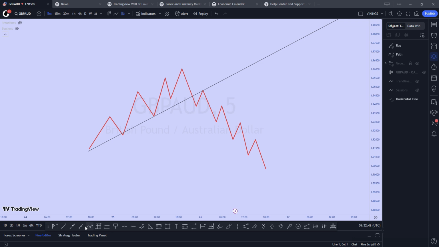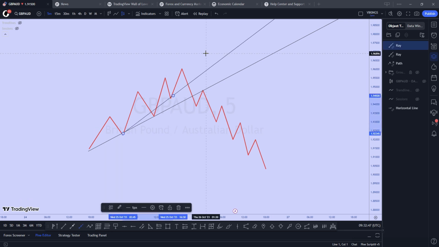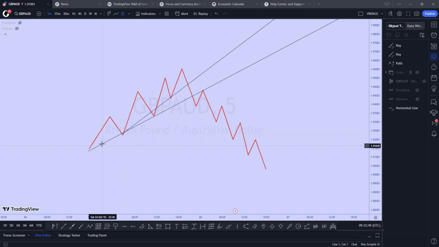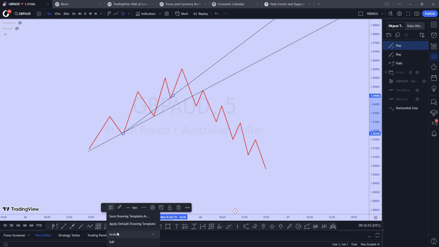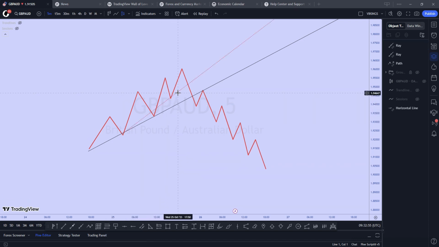Then you should have sub trend lines, like a trend line inside a trend line. This is the main one, and this is a sub one. The black one is the main one, and this is a sub one.